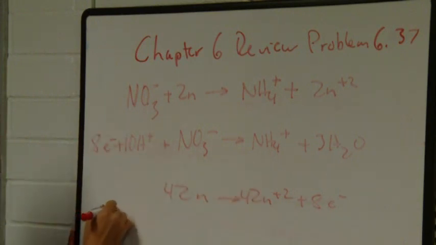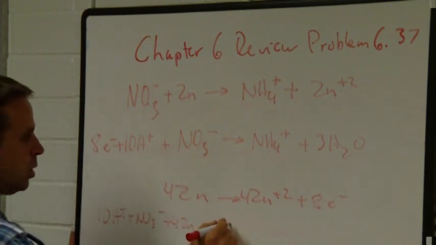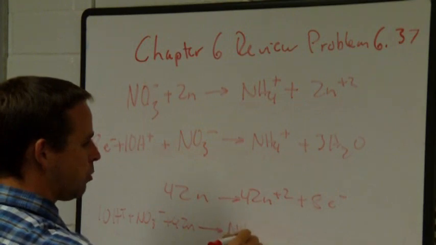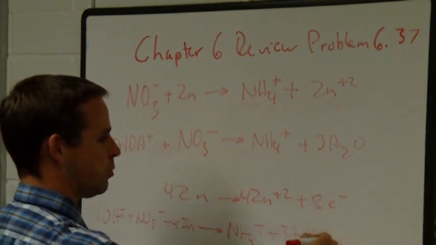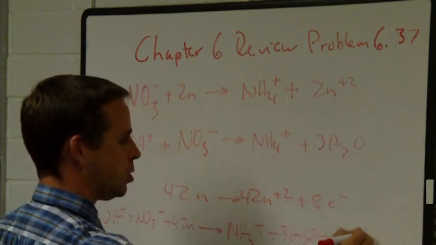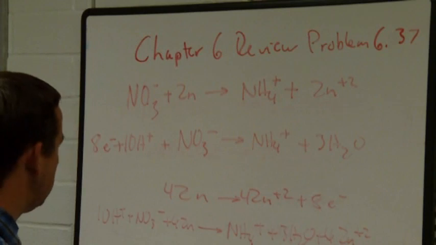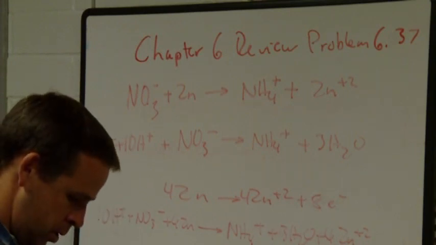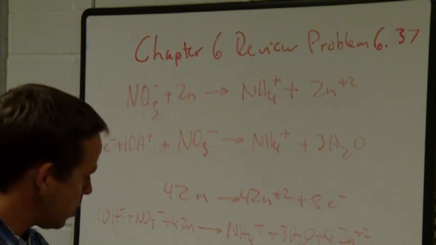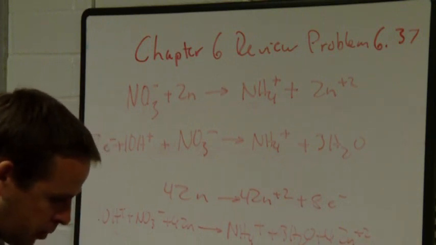We're going to have 10 H pluses plus NO3 minus plus 4 zinc atoms, yielding NH4 plus, 3 H2Os, and 4 zinc plus 2, and that's it. Okay, E: NO3, 4 zincs, 10 protons. Okay, looks good.